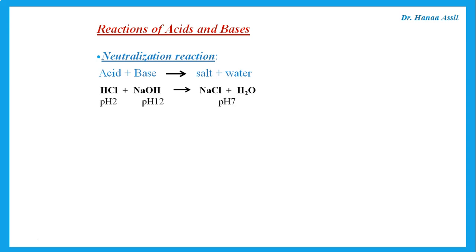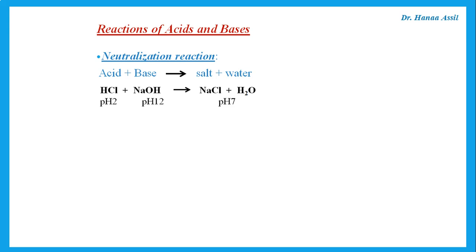Reactions of acids and bases, these are very important. First of all, when an acid reacts with a base, it gives salt plus water, and this is called neutralization reaction. So if I have an acid like HCl, its pH is something around 2. A base like sodium hydroxide would have a pH of about 12.